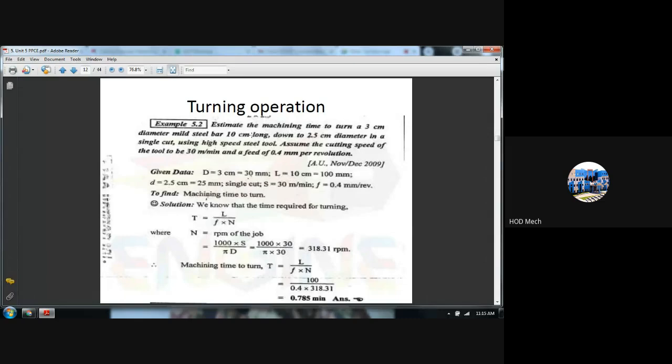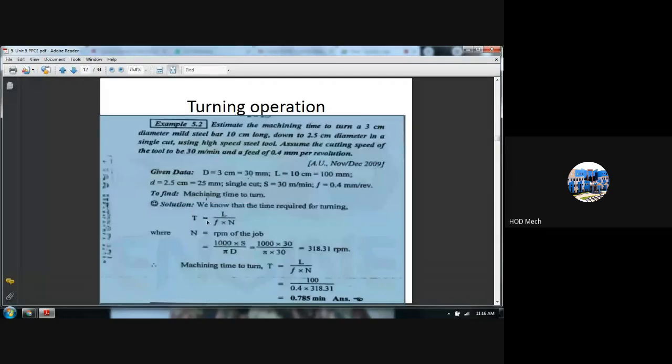Now, the basic formula for turning operation is the machining time T is equal to L divided by f into N, where T is the machining time, L is the length of the workpiece, small f is the feed, and capital N is the spindle speed.